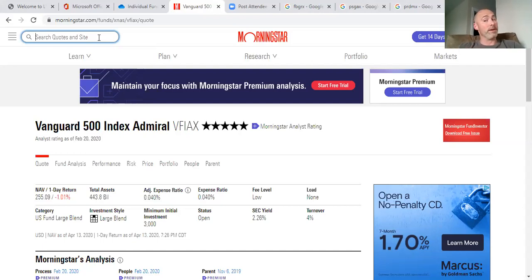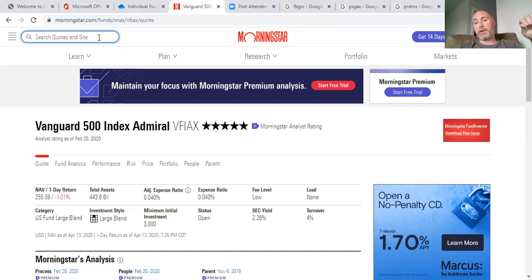Now what this one does, this takes a look at the 500 biggest traded companies in the United States of America. It takes a look at the Amazons and Googles and Johnson & Johnsons. It takes a look at all 500, and then they put together an algorithm that shows overall how those 500 companies did on the stock market today.